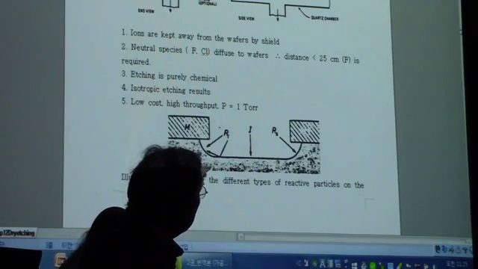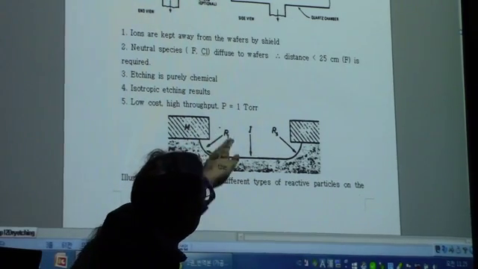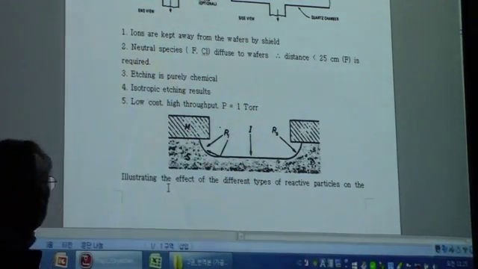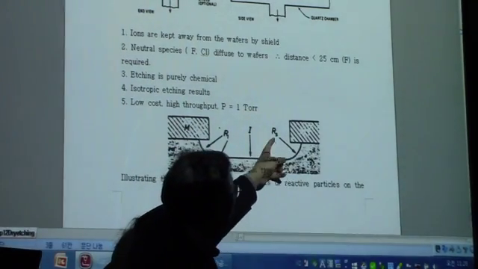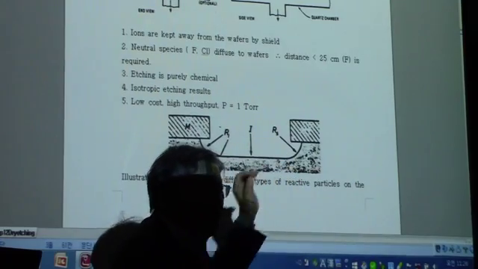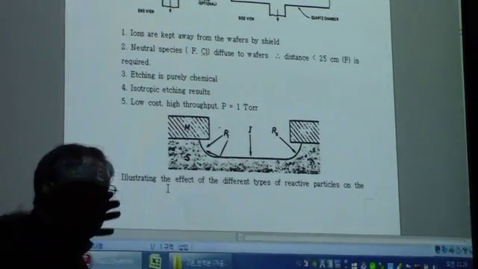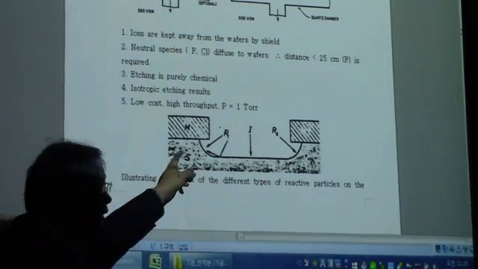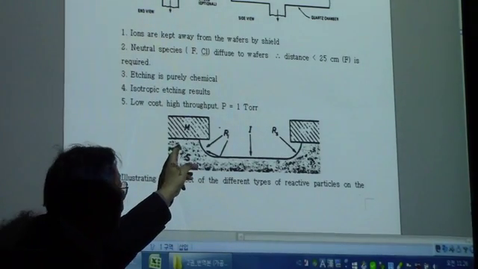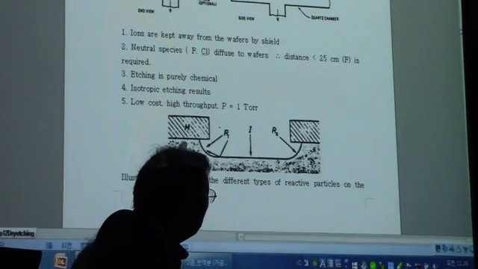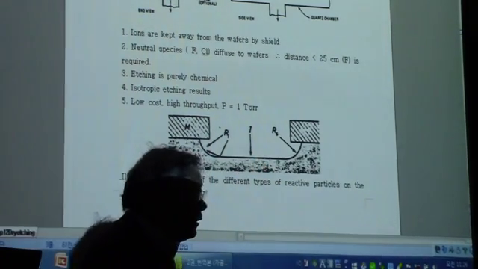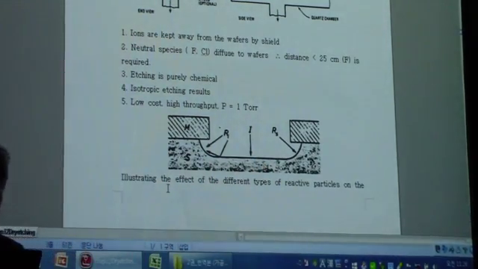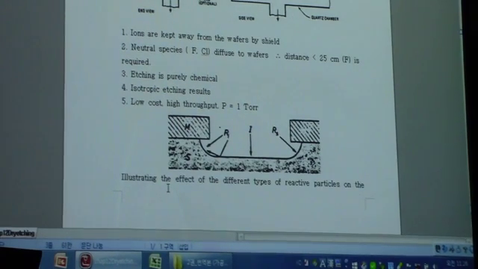Okay, undercutting happens because of this long-lived etchant. And this short-lived etchant also makes some undercutting, but not as much as the long-lived etchant. And this direct etchant has nothing to do with the undercutting.